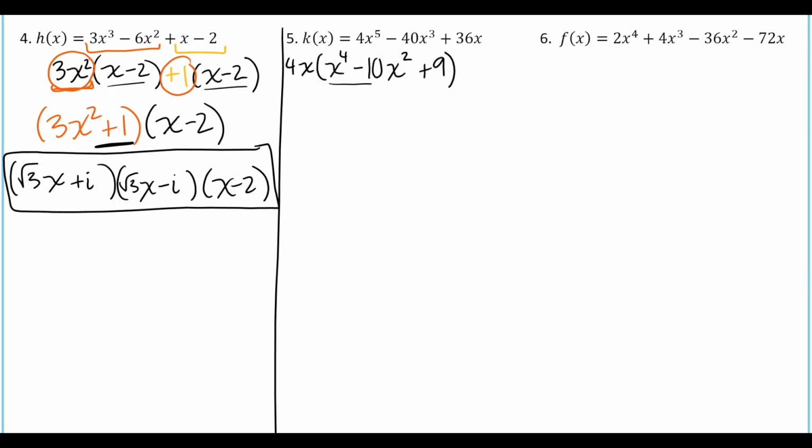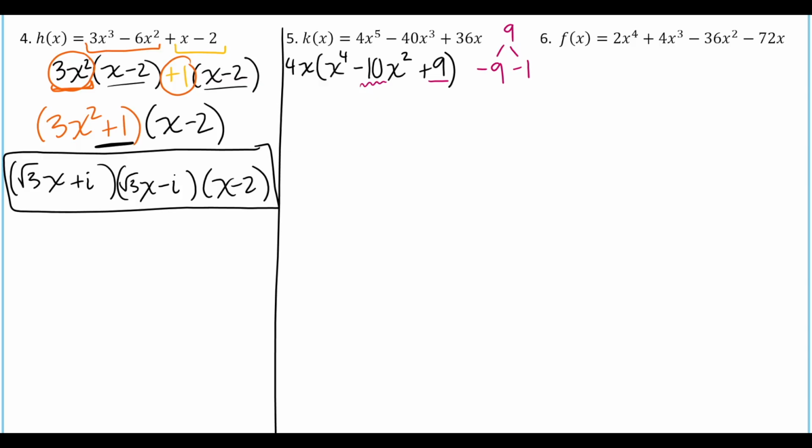Okay, so this, what's left inside, x to the 4th minus 10x squared plus 9, even though it is x to the 4th for our leading term and then the middle term is x squared, we can treat this very similarly to a regular quadratic trinomial. So remember what we do with those is I say what multiplies to the last number that adds to the middle number. Well, in this case, that would be -9 and -1.